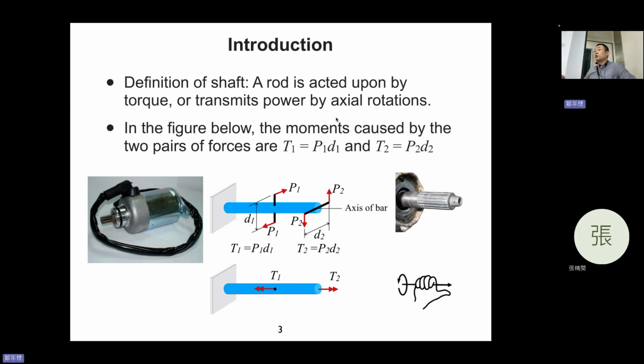Before it starts rotating, at the equilibrium state, the force on the ground will try to stop the torsion due to the motor. So that's the situation we are going to discuss in this chapter.